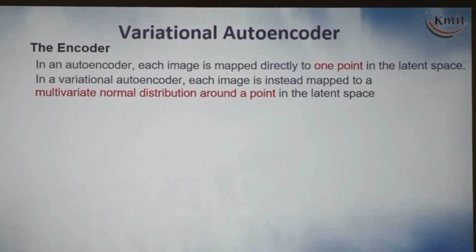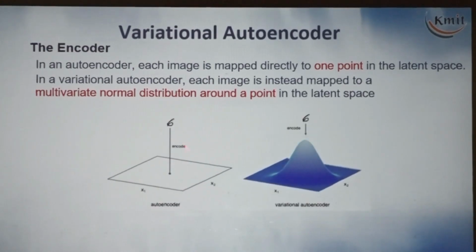But if you take the surroundings, the same concept as convolution, instead of taking the single point, if you consider the surroundings also, then it is variational. You will take the variance. Not only one point, but around that point you take some area. See here, this is the autoencoder.